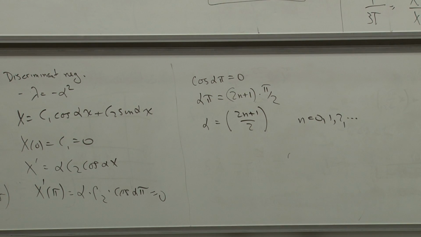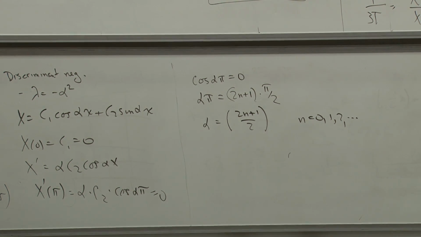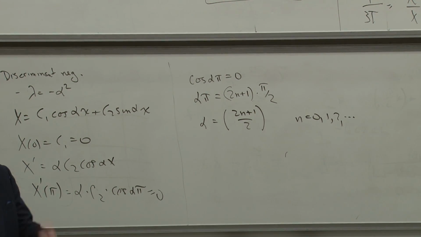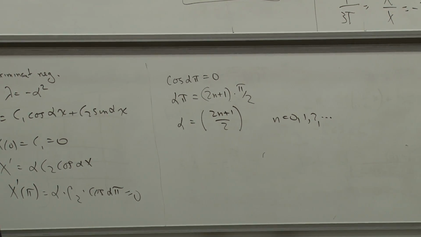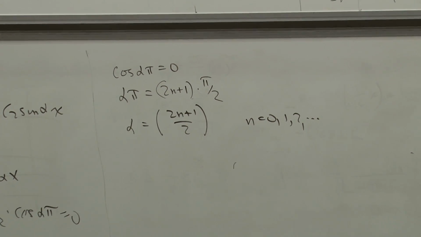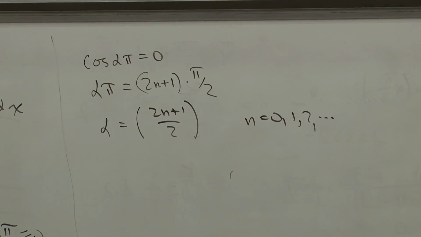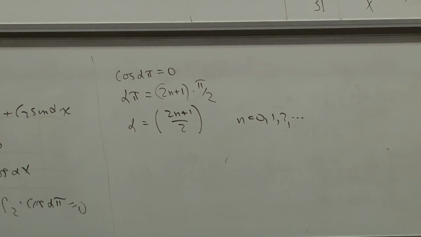If you choose to write your odd numbers as 2n minus 1, then you have to start the index at 1. There's certain things where you've got to have a little bit of flexibility to do things correctly and in a way that's most comfortable for you.